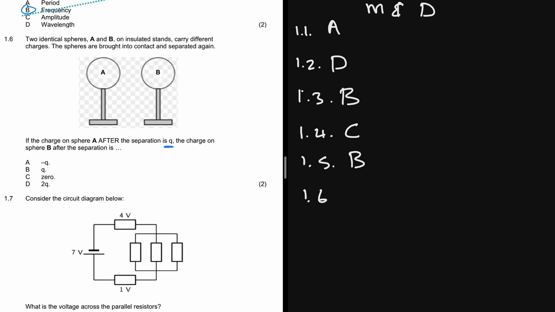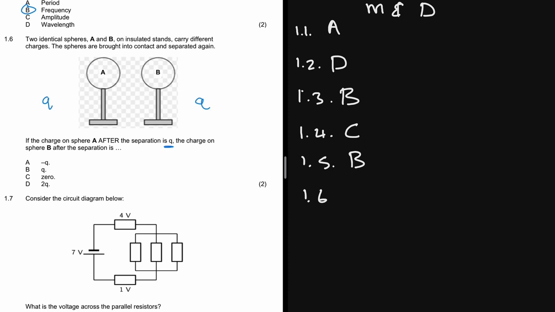So they say now the new charge of A is going to be Q. So if the new charge of A is Q, that means also the new charge of B must be Q. Because remember, if the charges come into contact, there's going to be a sharing of electrons. And then after that, when they separate, they're going to have the same charge, because electrons will be transferred until they have the same number of electrons. And then when they separate, they will be having the same charge, either a positive or a negative, but they will have the same charge.